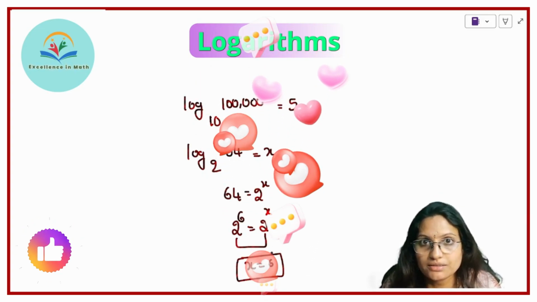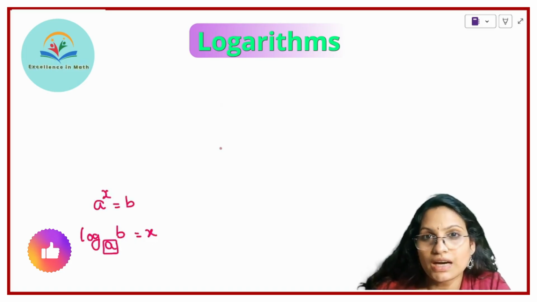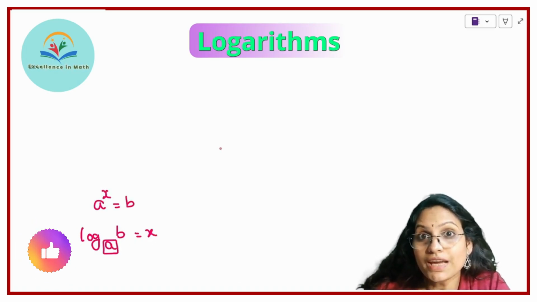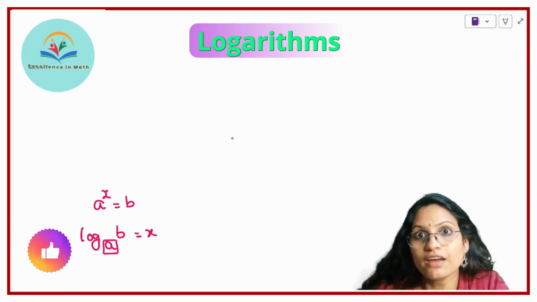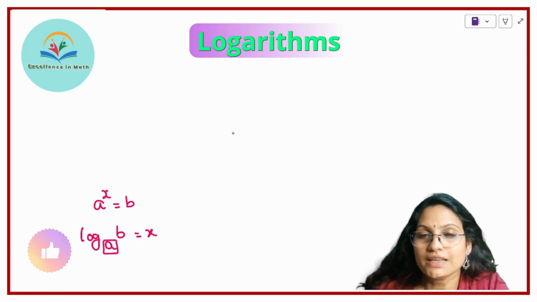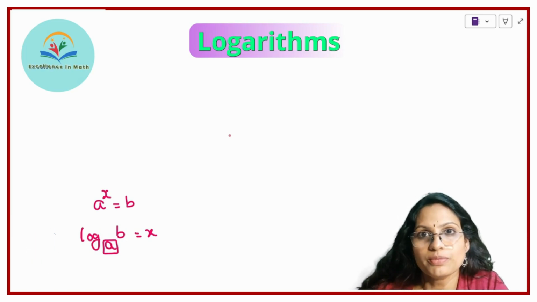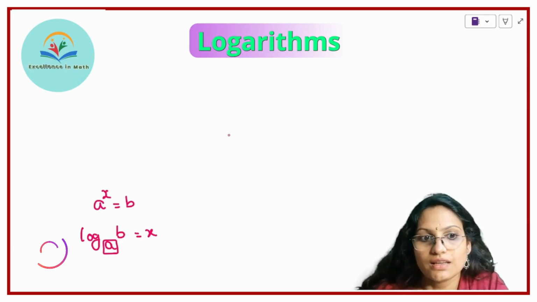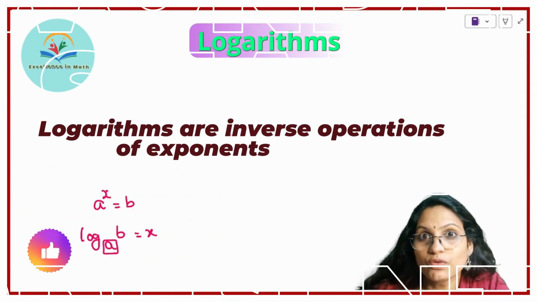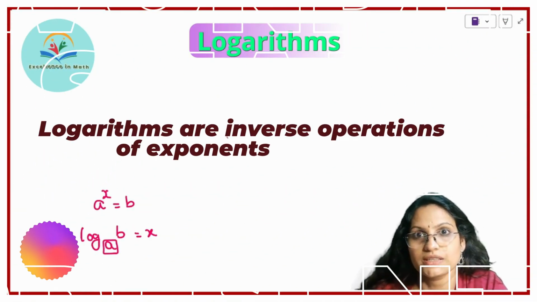Hope you understand. Today we haven't learned any new formula, but we have learned a new way of understanding the relation between numbers. If you want to master this, you need to understand logarithms as an inverse operation of exponents.